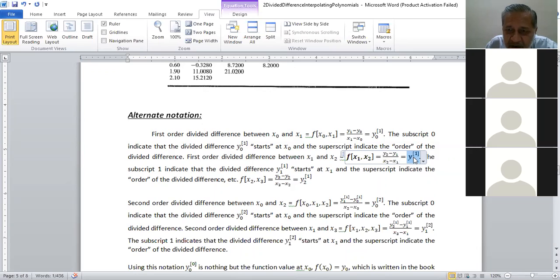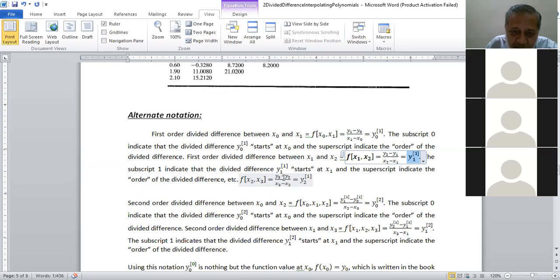When we use this notation, the superscript in the large bracket tells us the order of the divided difference, and the subscript tells you what is the first x value used to make this divided difference. Like here, the superscript means first order, and the subscript means that we start at x2.